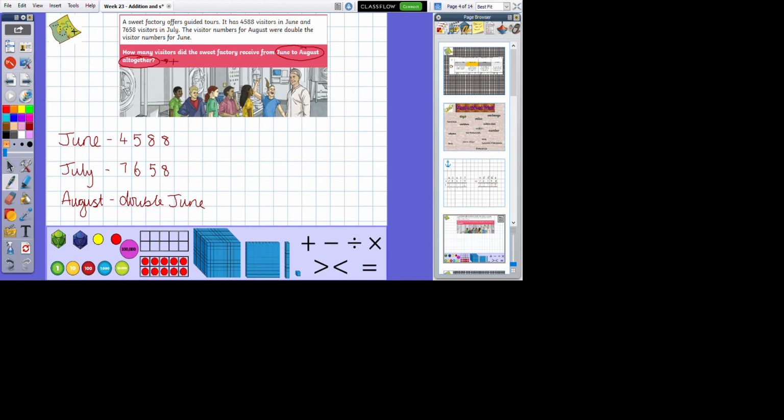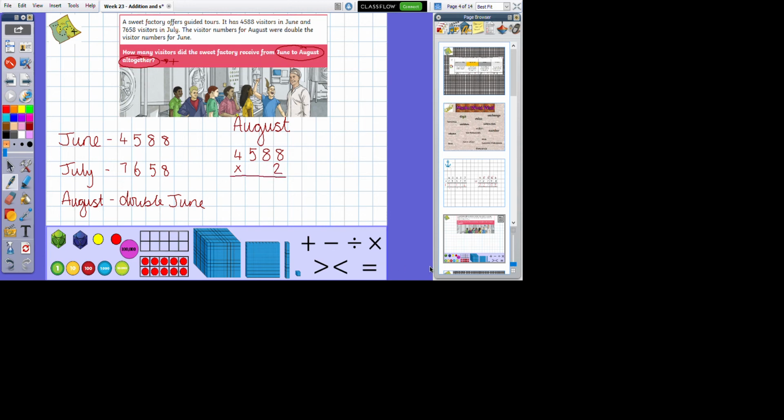I need to first work out how many visitors there were in August. So if I'm doubling, I could add the number together twice. So I could do 4,588 add 4,588, or I could multiply it by 2, okay? So remember, doing those things are the same. I'm going to choose to multiply by 2, just because I think that will be a little bit easier. However, it will give me the same answer.